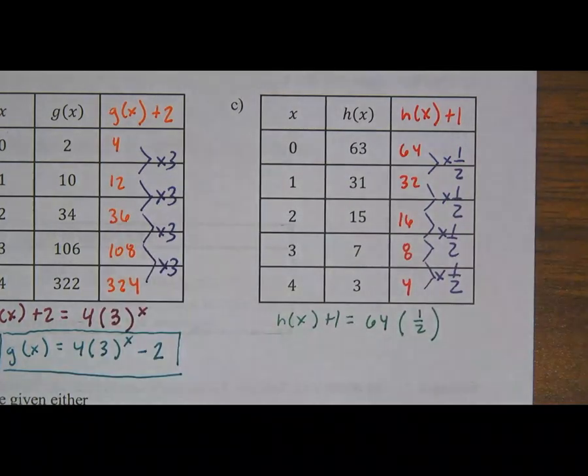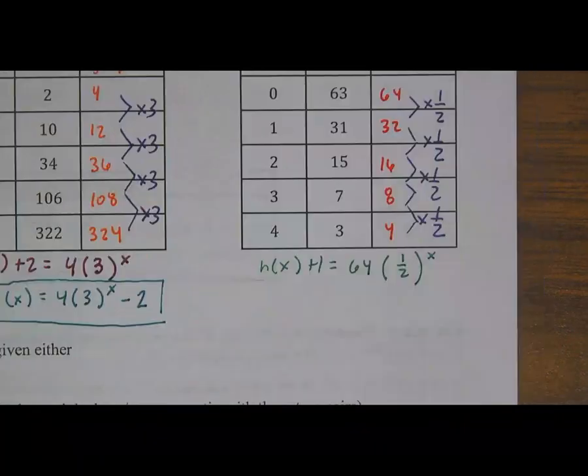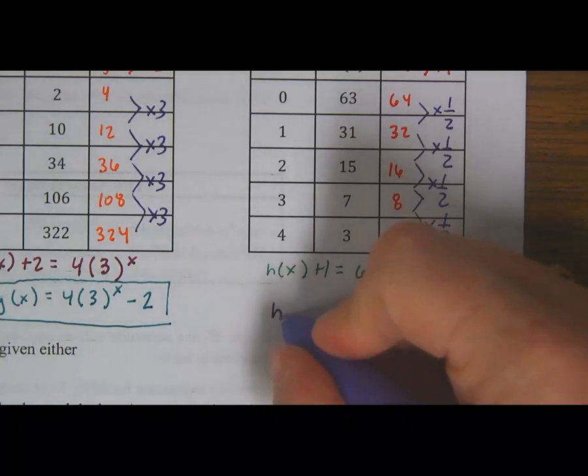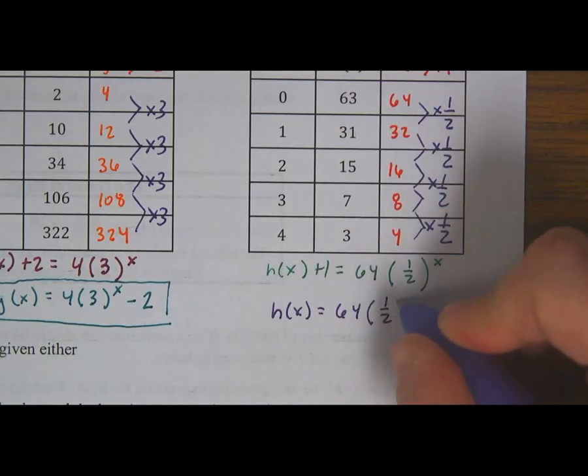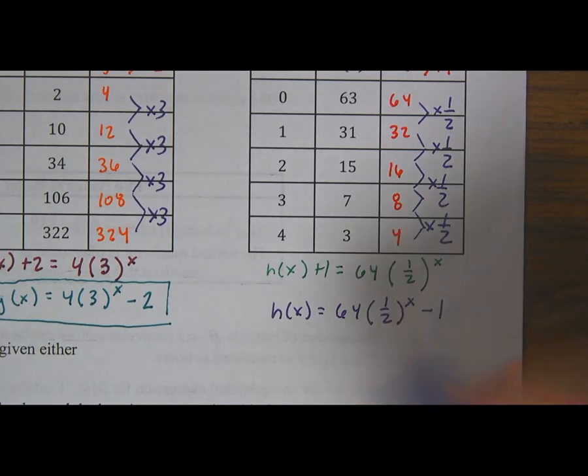The common ratio is 1/2, that's the b value, to the x power. And from there, the last steps should be pretty easy for you. We're just going to subtract 1 to get the original function, h of x, its function model.